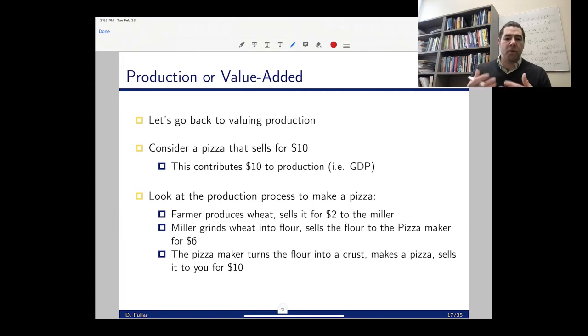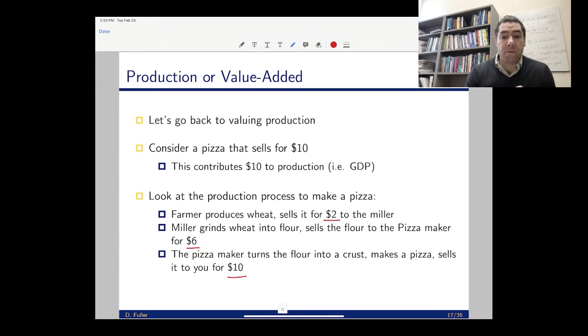So here I'm going along the production process and saying, well, a farmer produces some wheat and they sell it to a miller for $2. The miller takes the wheat, turns it into flour, and sells that flour to the pizza maker for $6. The pizza maker takes the flour, turns it into a crust, makes pizza, and sells that to you for $10.